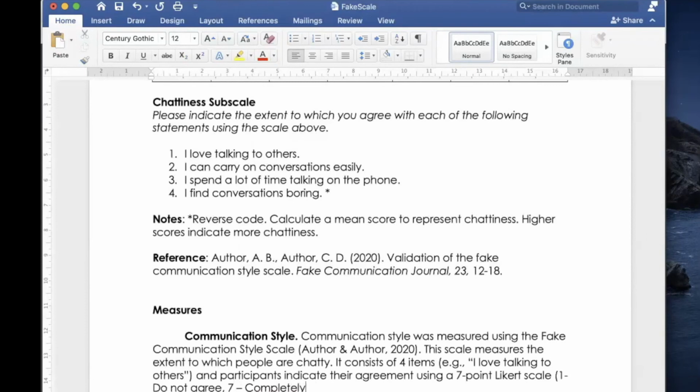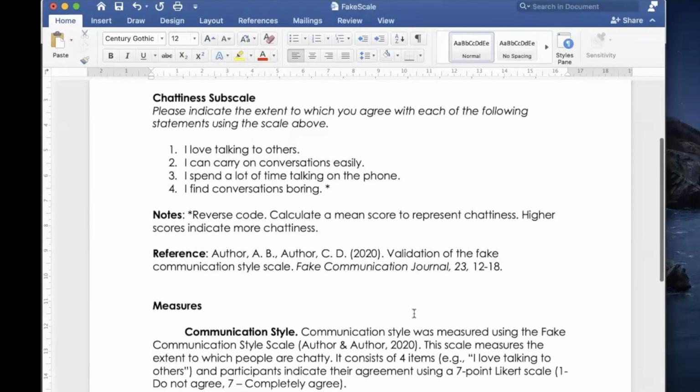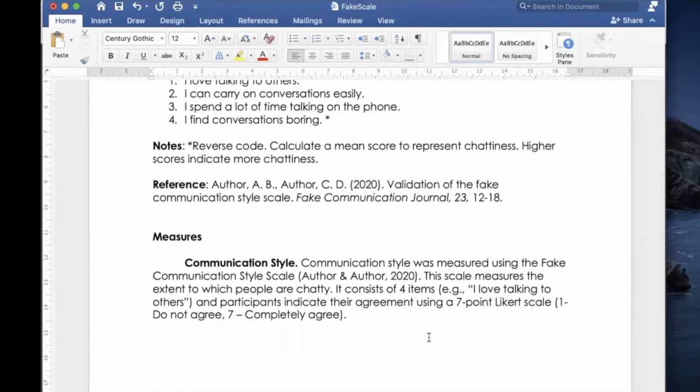And then we'll say a mean score is calculated to represent chattiness, and high scores mean higher chattiness.